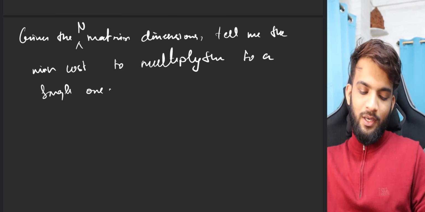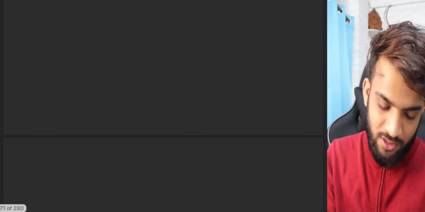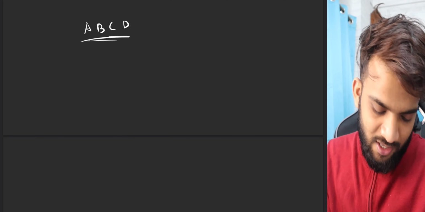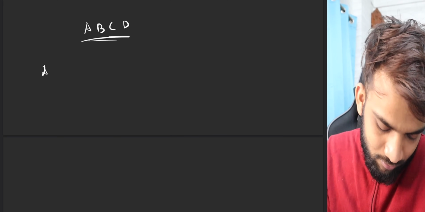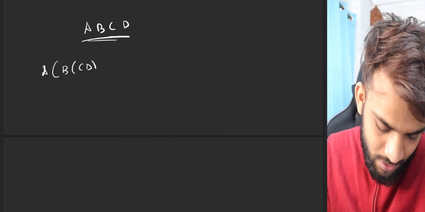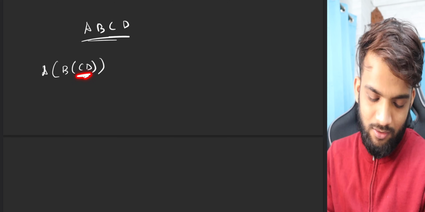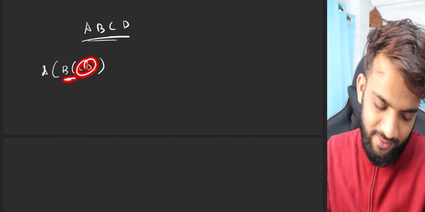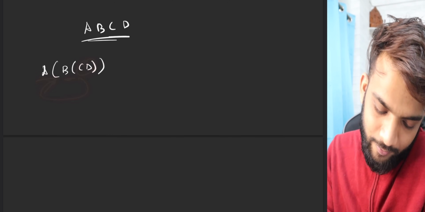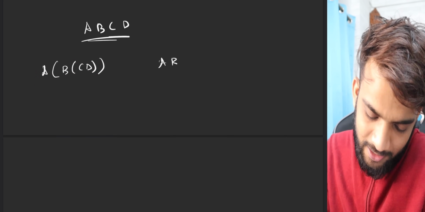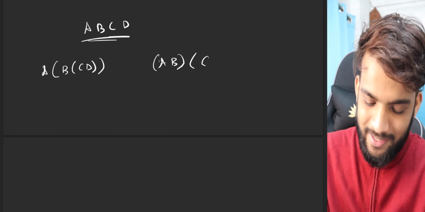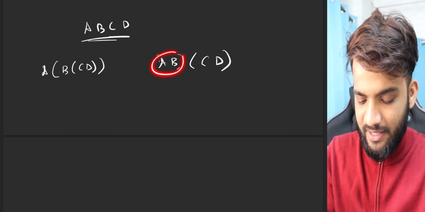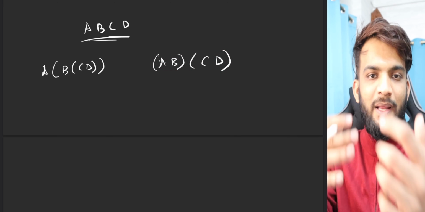So for an example, if I take four matrices A, B, C, D, what can be the different ways? I can do something like this. I will first multiply CD, the resultant with B, and then the resultant with A. That can be one of the ways. I can also first multiply AB, then multiply CD. So first get the resultant, and then multiply both of them.